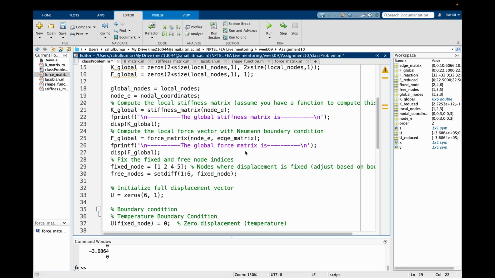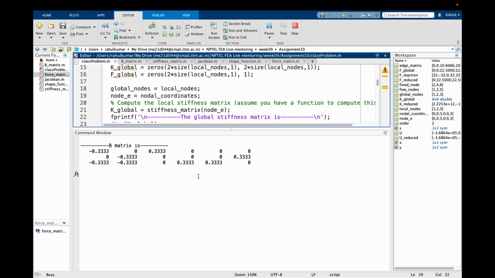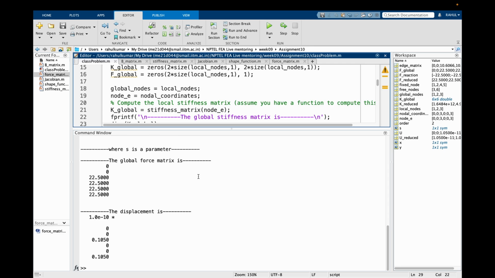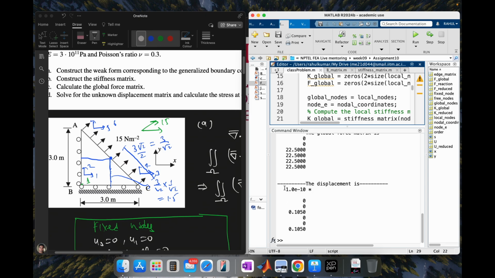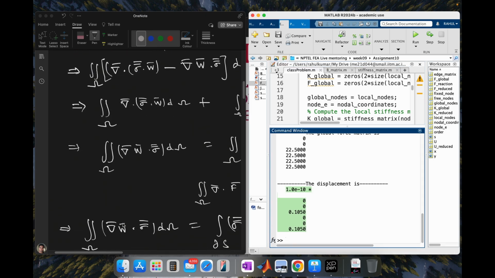Let's run this code. So which means that we get the displacement like this.